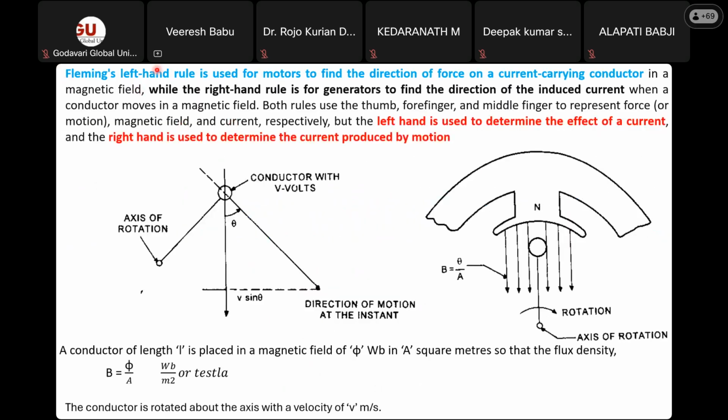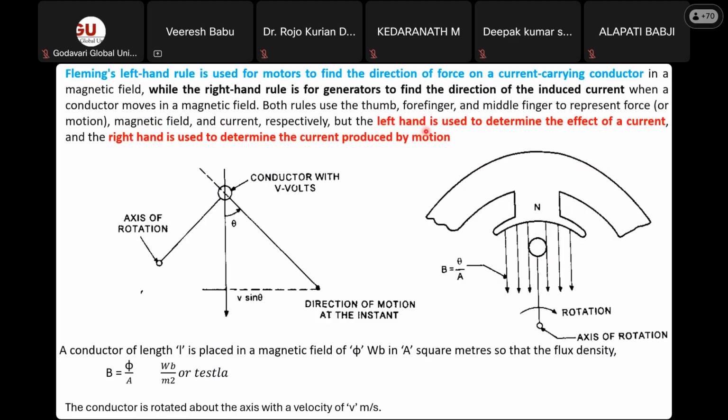Fleming's left hand rule is used for motors to find the direction of force on a current carrying conductor in a magnetic field, while the right hand rule is used for generators to find the direction of the induced current when a conductor moves in a magnetic field. Both rules use the thumb, forefinger, and middle finger to represent the force, magnetic field, and current respectively.